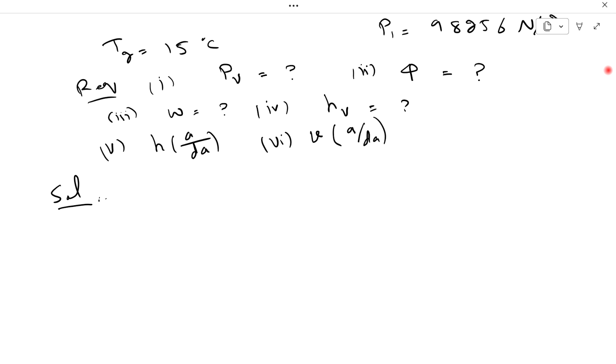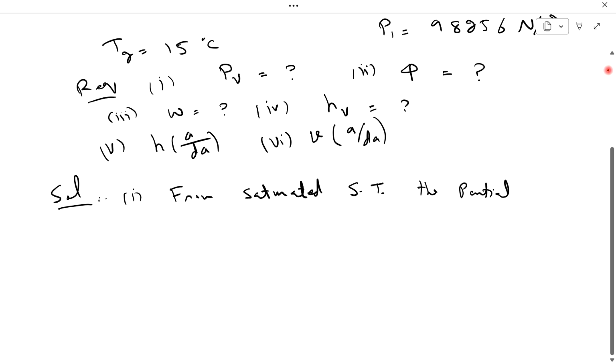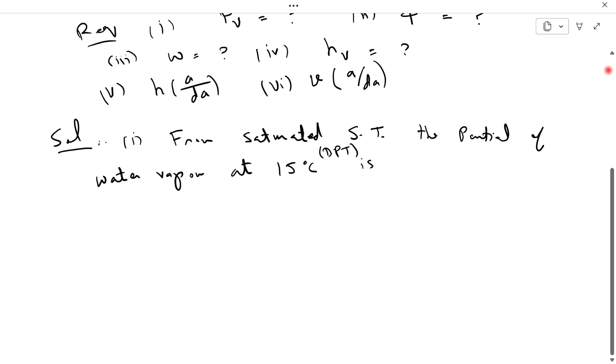From the saturated steam table, 15 degrees centigrade is not available, so we do interpolation for this.